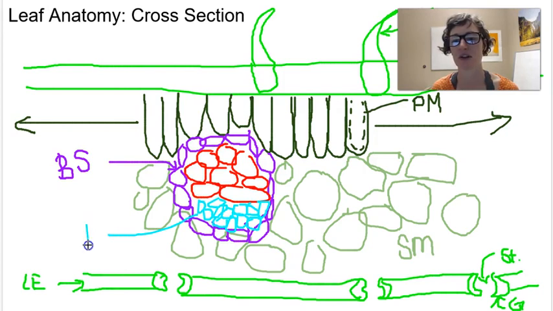So the blue here is my phloem, and the red is my xylem. Okay, so that's your basic leaf cross section. I'm going to stop the video here, and we can look at the real cross sections and look at those parts.